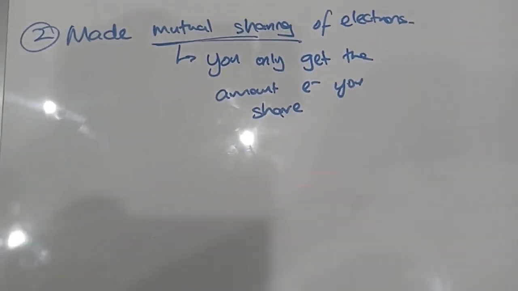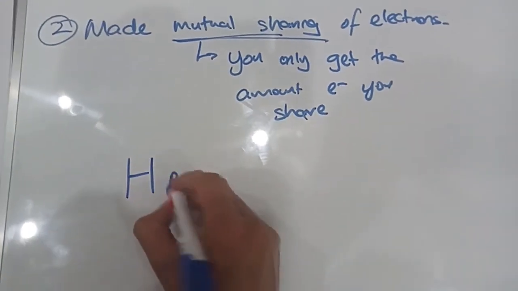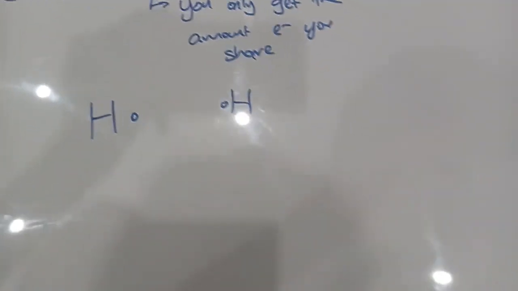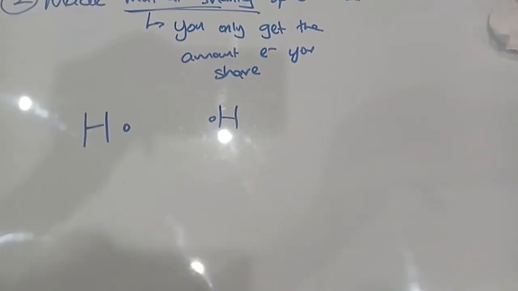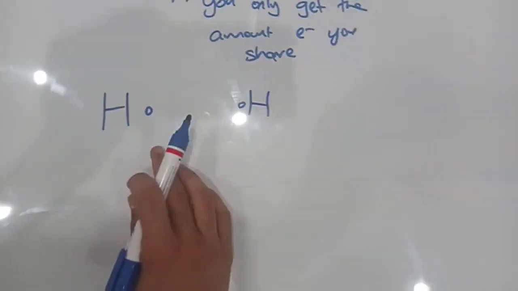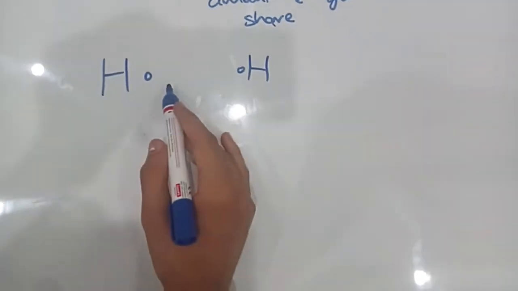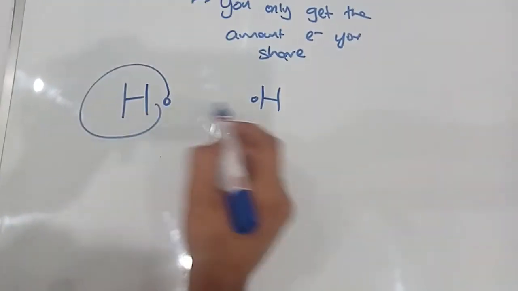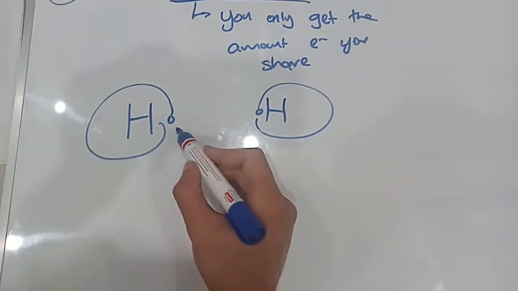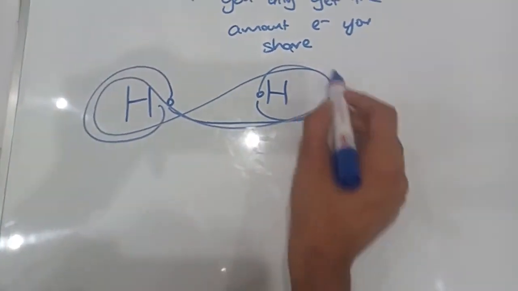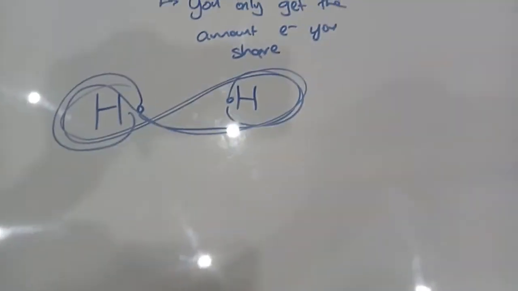So let's take a look at a few examples. A hydrogen atom has one electron in total, and therefore one electron in its outer shell, and for it to be stable it needs two electrons in its outer shell. So what happens here is that they decide to share, and each electron moves in an infinity-symbol kind of path.